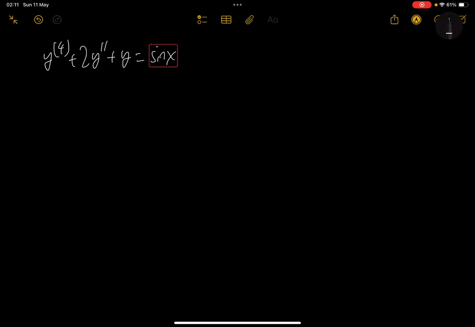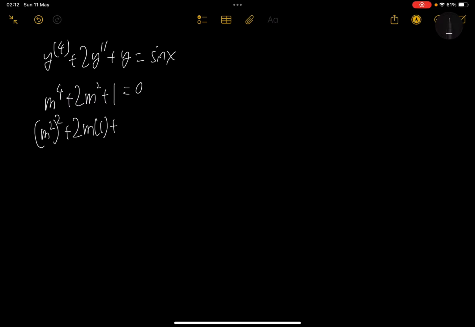The characteristic equation, I'm going to write this as m to the power of 4 plus 2m squared plus 1 is equal to 0. We are going to find the homogeneous solution to this first. We can write m to the power 4 as (m squared) squared, plus 2m squared times 1, plus 1 squared.